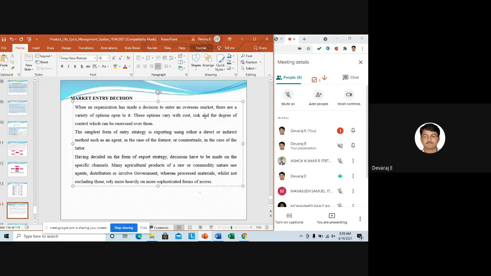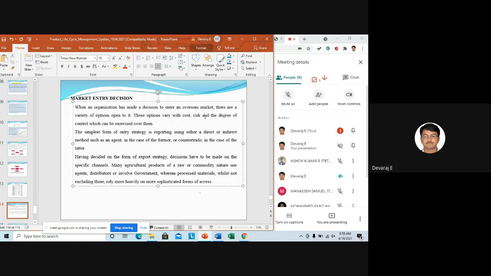So how much product should I supply, within how much cost, whether I should vary the cost with respect to time or not. Everything will come into the picture. So this is called market entry decision.